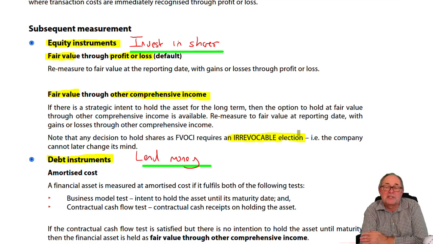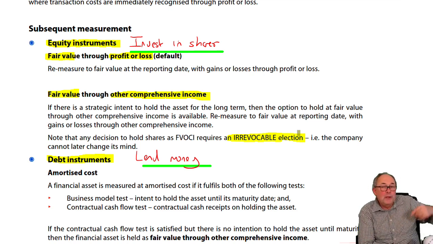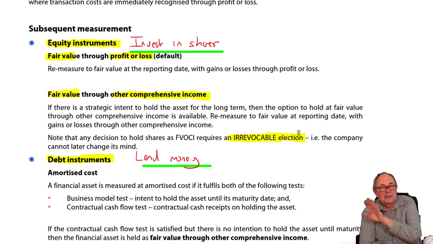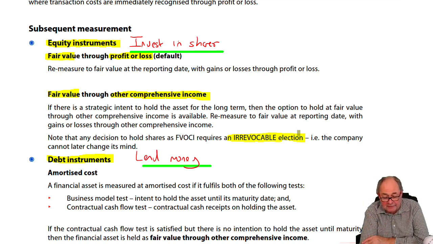If you go the second route, all gains, all losses go into OCI. Doesn't matter if it's a profit or a loss, it goes to OCI. With PPE, you can't have negative revaluation reserves. With this, in fact, you can, because the assumption, I think, is the share price will at some stage recover. Usually. So that's what we do with shares.